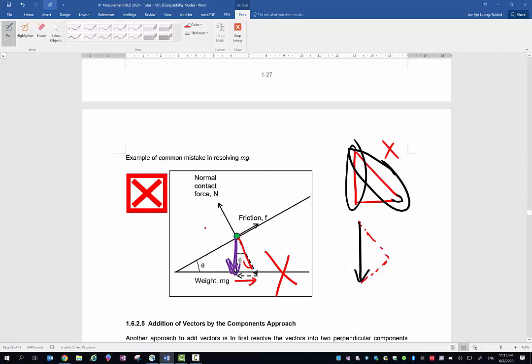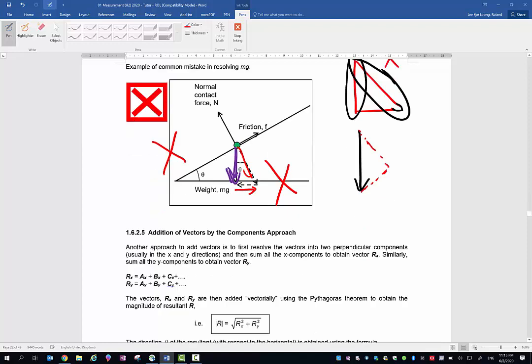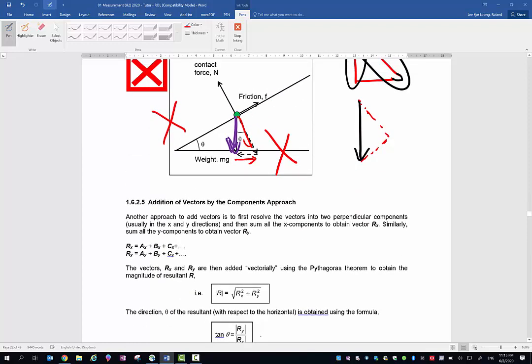This is a common mistake at the start, but when you do this often, you won't make this kind of mistake anymore. Why is the component approach the most useful one? It works whether you're adding 2 forces, 3, 4 or 5 forces.